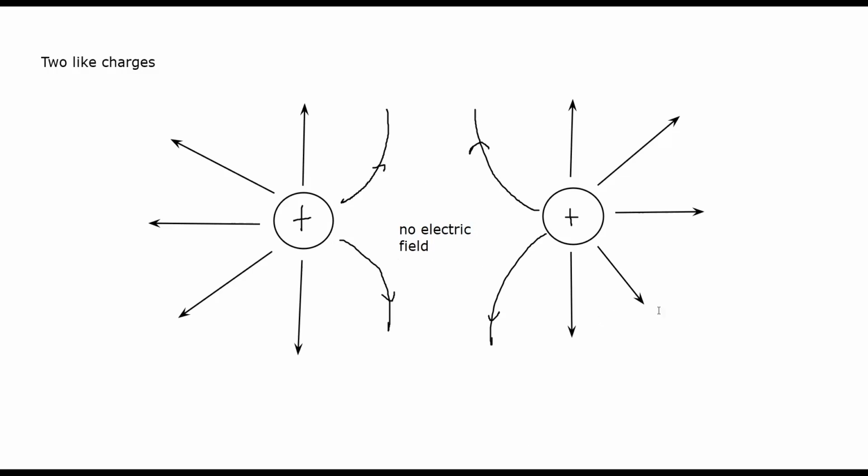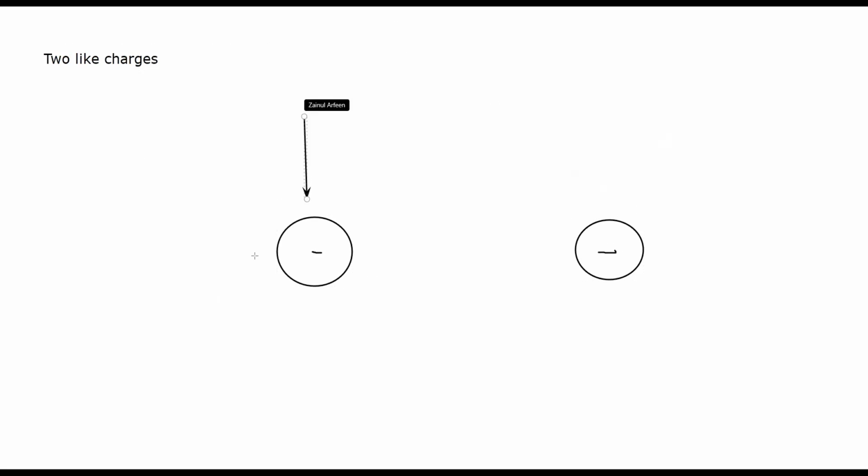But instead of two positive charges, if it was two negative charges, then the same pattern will be there. The pattern will be the same, only the arrows are pointing in. So if we have two like charges, but this time the two identical charges are negative, the arrows will point in.